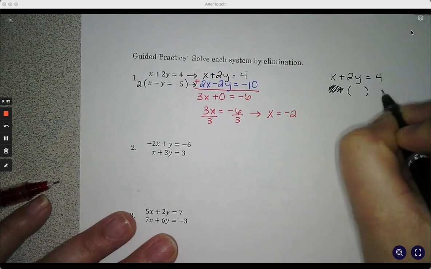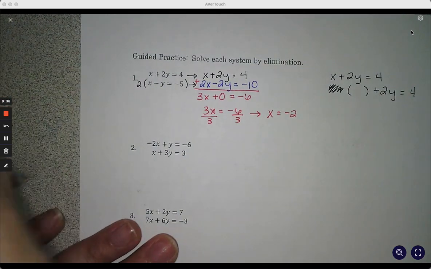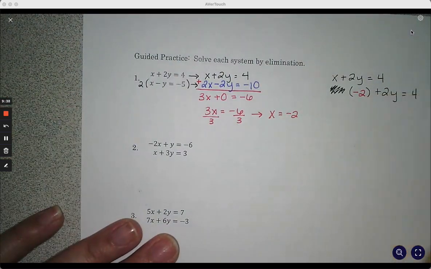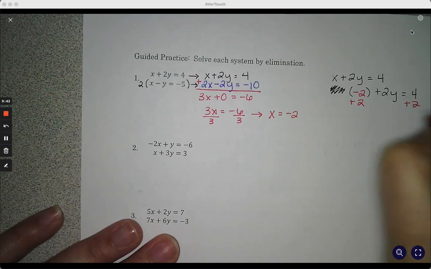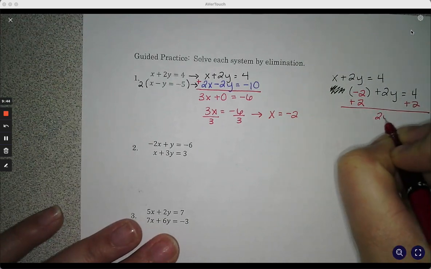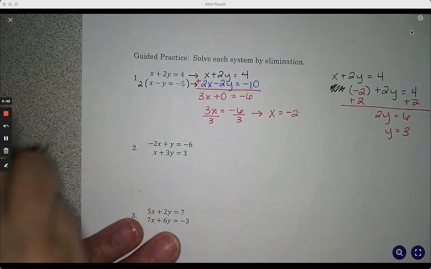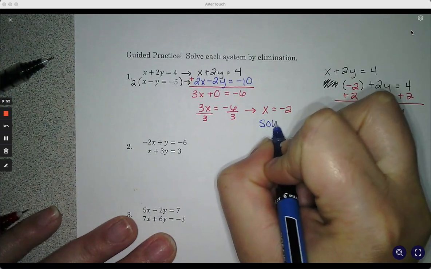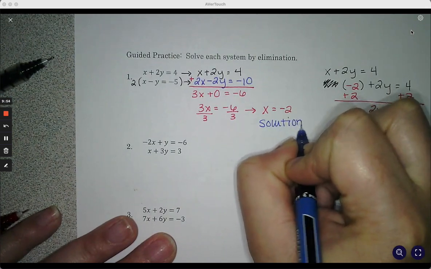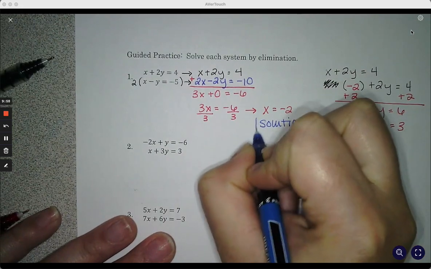So x is negative 2 plus 2y equals 4. Okay, so to get y by itself, we're going to add 2 to both sides. So 2y equals 6, y equals 3. So my solution is negative 2, 3.